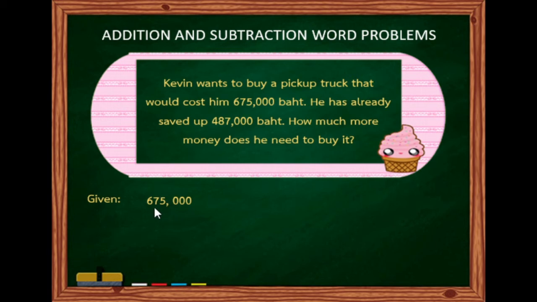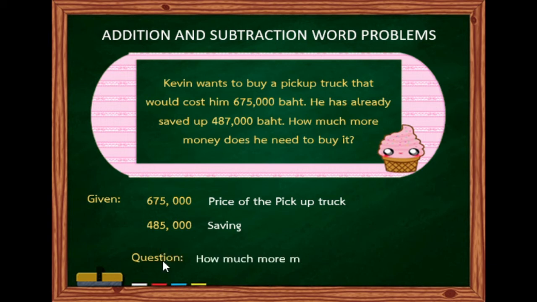It's the price of the pickup truck, how much the pickup truck costs. Next, you also have 487,000 baht. It's how much money Kevin has.